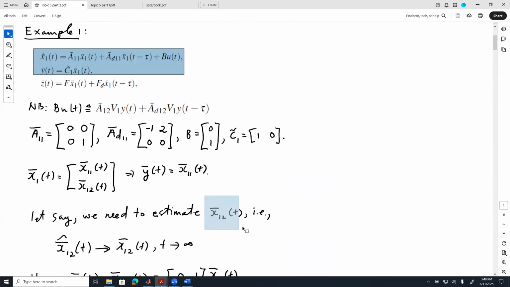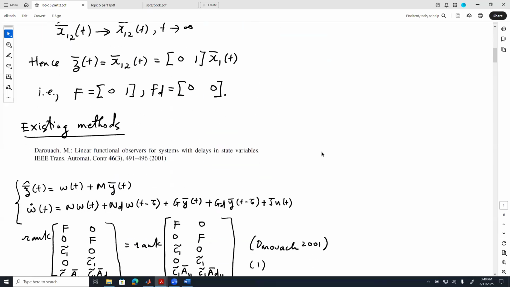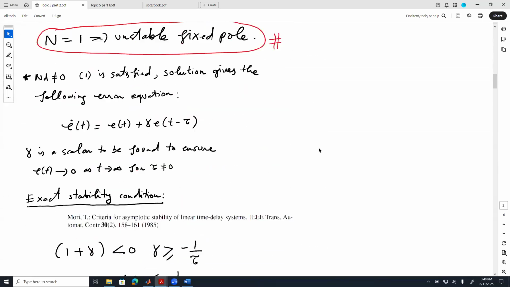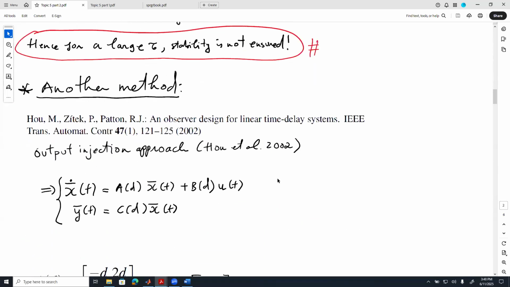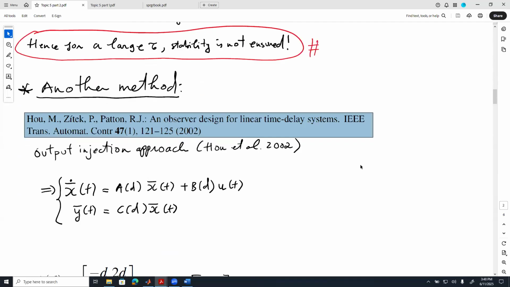Remember, we are estimating this instantaneous unmeasurable state variable there. And that method is by Hao, Zhang and Patton. It's, in my view, an elegant method. The theory there is beautiful.